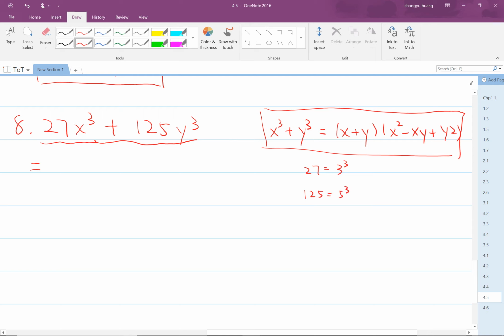So let us write it: 3 to the power 3 times x to the power 3, plus 5 to the power 3 times y to the power 3. Let's put that into brackets. It becomes (3x) to the power 3 plus (5y) to the power 3.